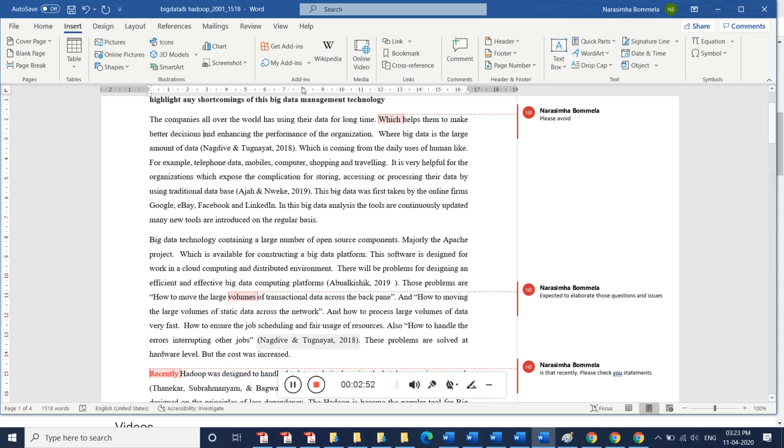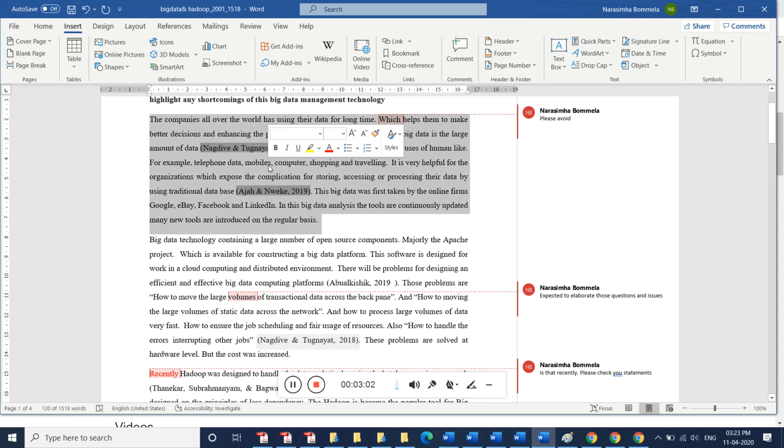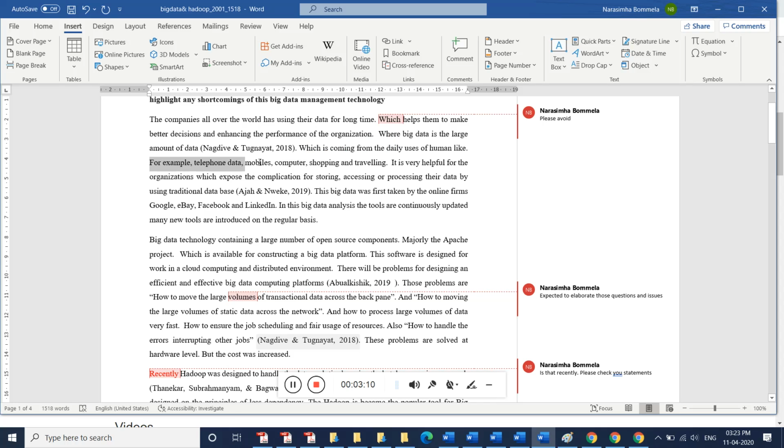So come on, see, that's why I'm telling you, after completing your document, please write your introductory paragraph. I want to see some best paragraph for introduction. I don't want to see this kind of statements. If you see this statement, for example, "where big data is a large amount of data, which is coming from the daily uses of human like."